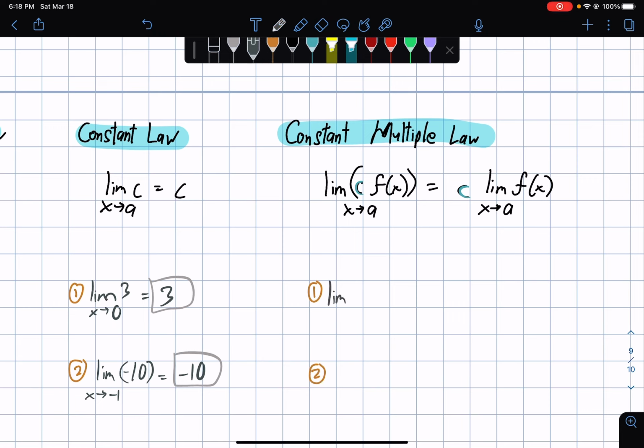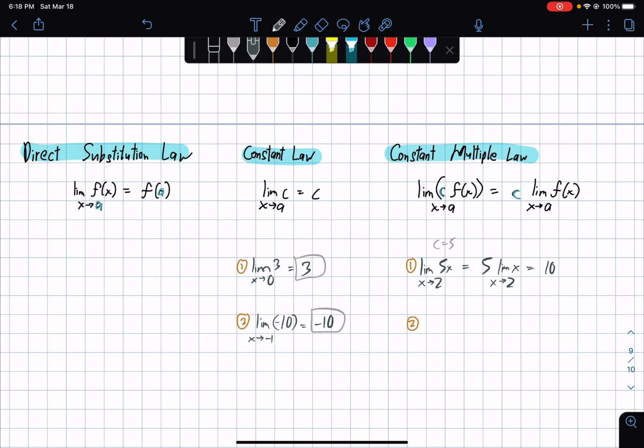Example 1, limit 5x such that x approaches 2. We know that c is equal to 5. So in the other form, we write it as 5 lim x such that x approaches 2. And that could further equal 10, I suppose.